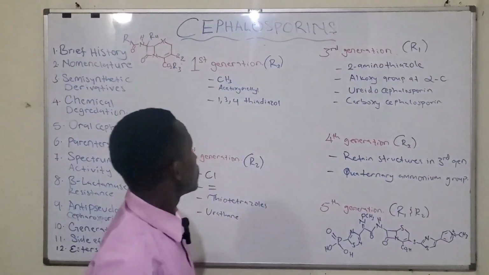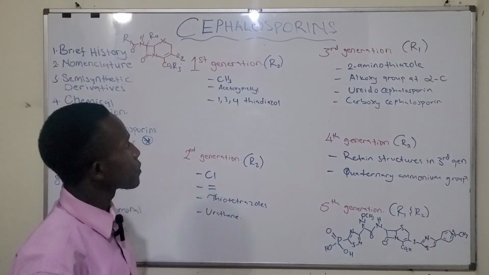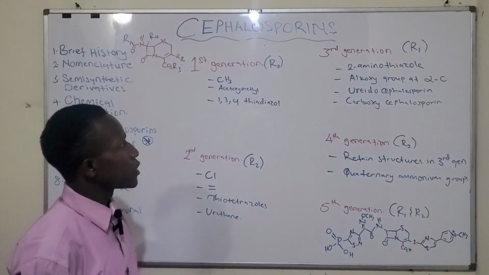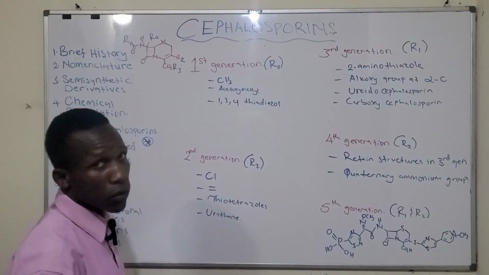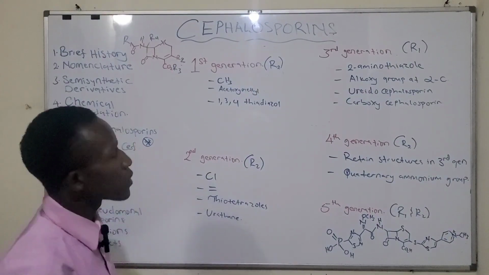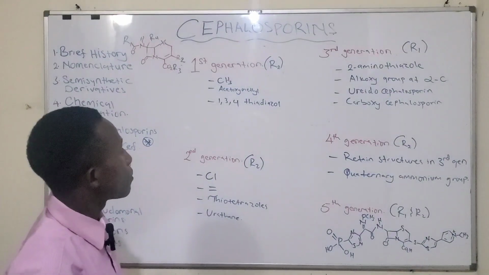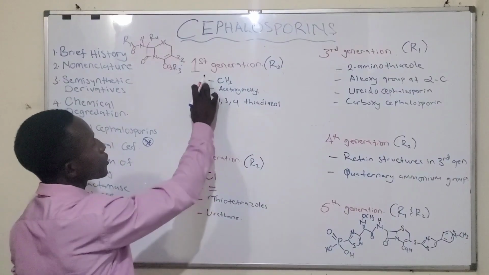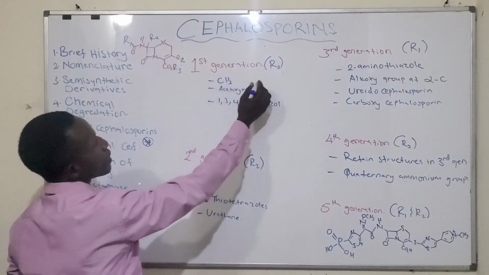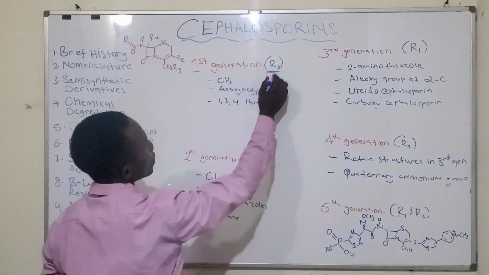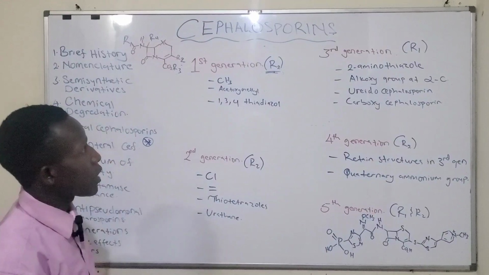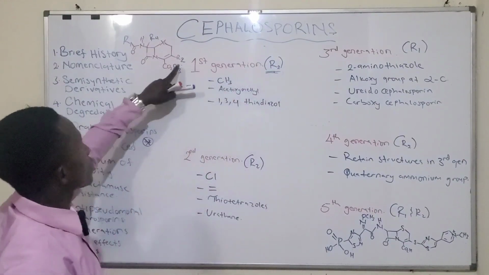Mostly, cephalosporins are put in generations according to the period of discovery and also the substituents which were modified. For first generations, mostly the changes are on the R2 group, which is this one.